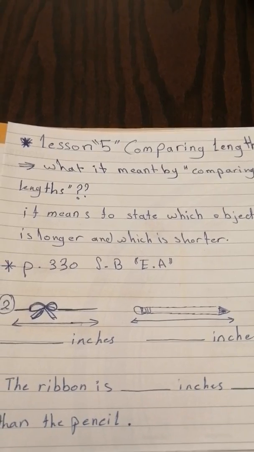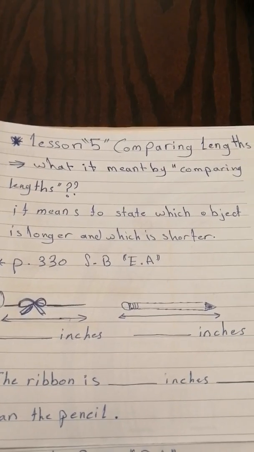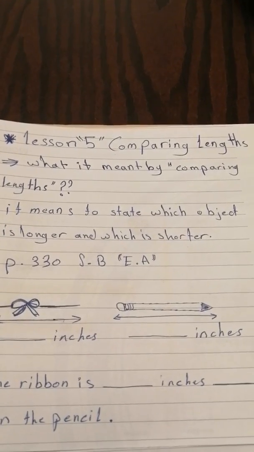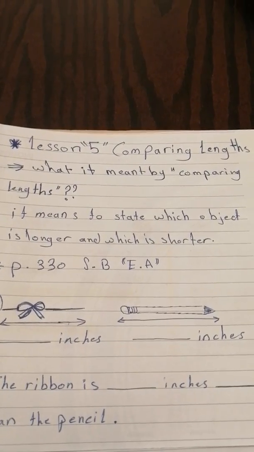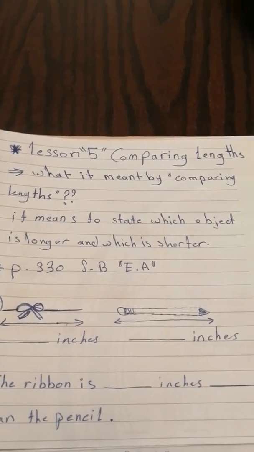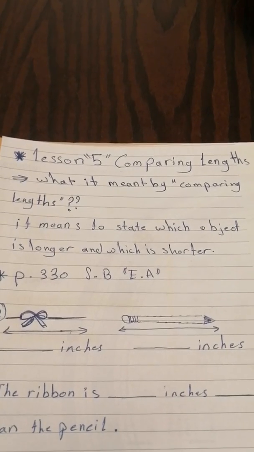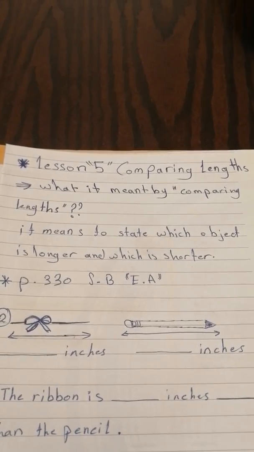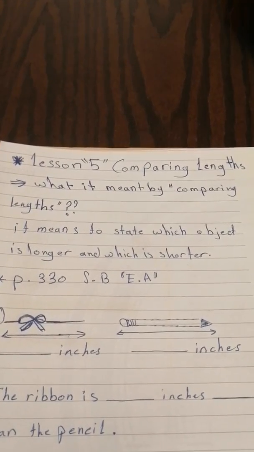The answer is that it means to state which object is longer and which is shorter. So by measuring the length of each object, we will decide which one is longer and which one is shorter than the other. So we will have two objects, and we have to compare between them by using these two phrases, longer than and shorter than.